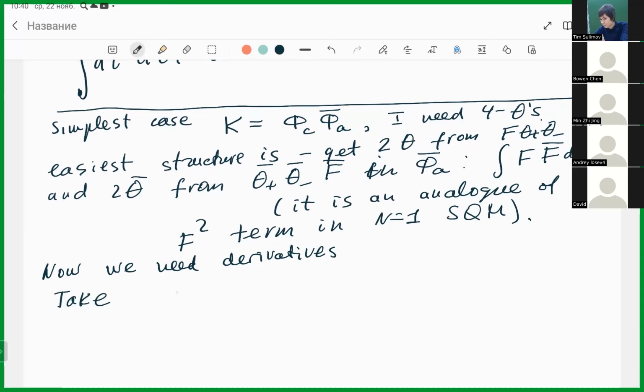Let us take psi plus of t chiral term and, say, theta bar minus, and theta bar plus psi plus of t antichiral.